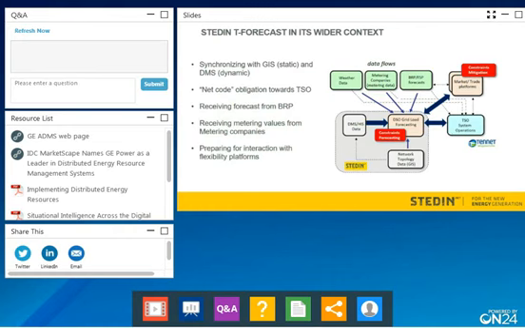We are going to the market together with other Dutch DSOs and also with the TSOs, and yesterday at a conference in Brussels, we announced the launch of a flexibility platform, in which we will really do this, starting at the beginning of next year.